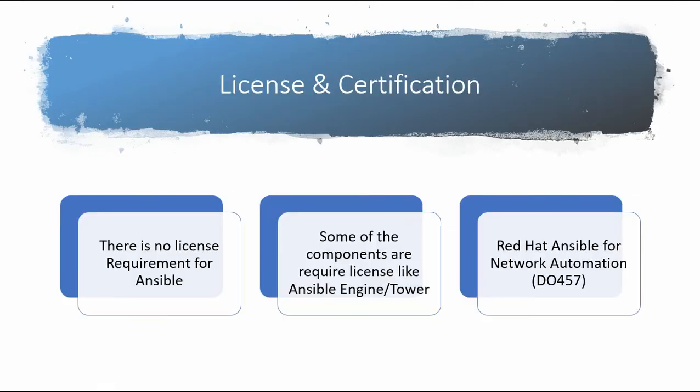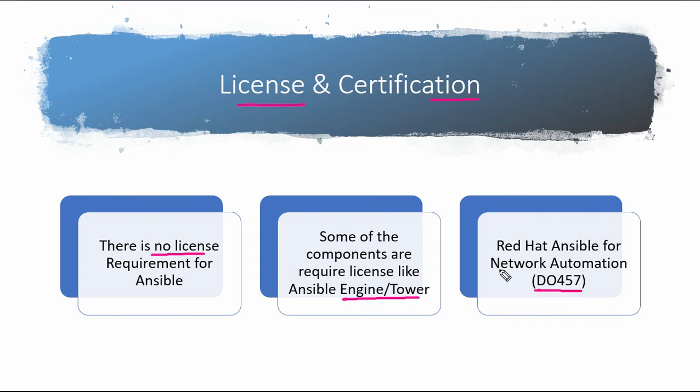Now, as I said, there is no license. The license is absolutely free, especially for Ansible Core, which we can use for practice. But of course, Ansible Engine and Tower are licensed versions. And from the certification point of view, Red Hat provides the DO457 certification.